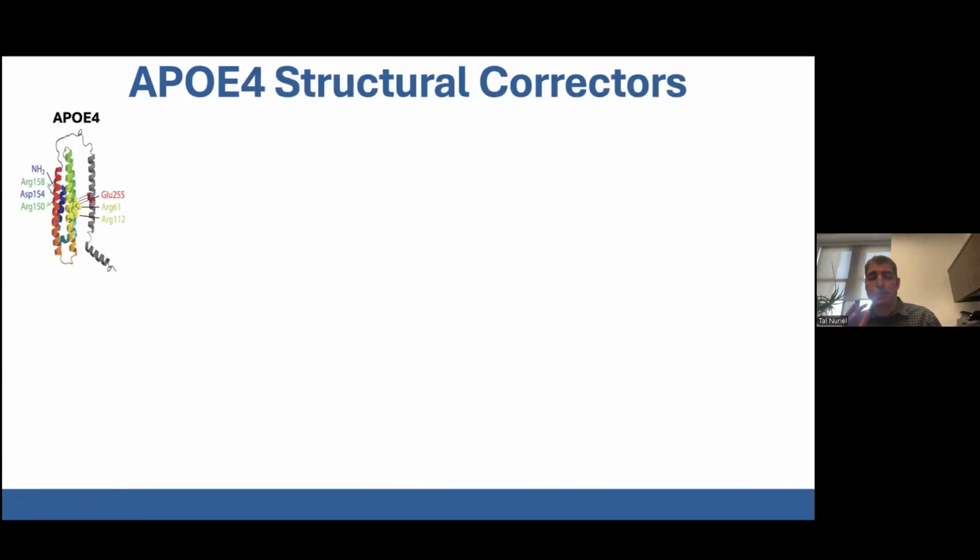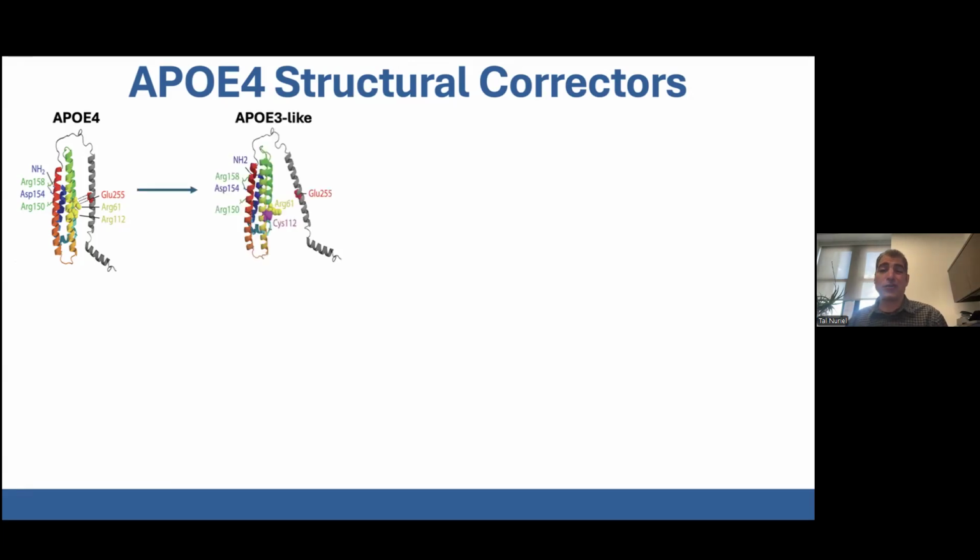And then the last approach that I personally am fascinated by is this idea of an ApoE structural corrector, which is basically taking this closed conformation of ApoE4 and turning it into more of an ApoE3-like structure by adding a drug that binds very tightly to this pocket.